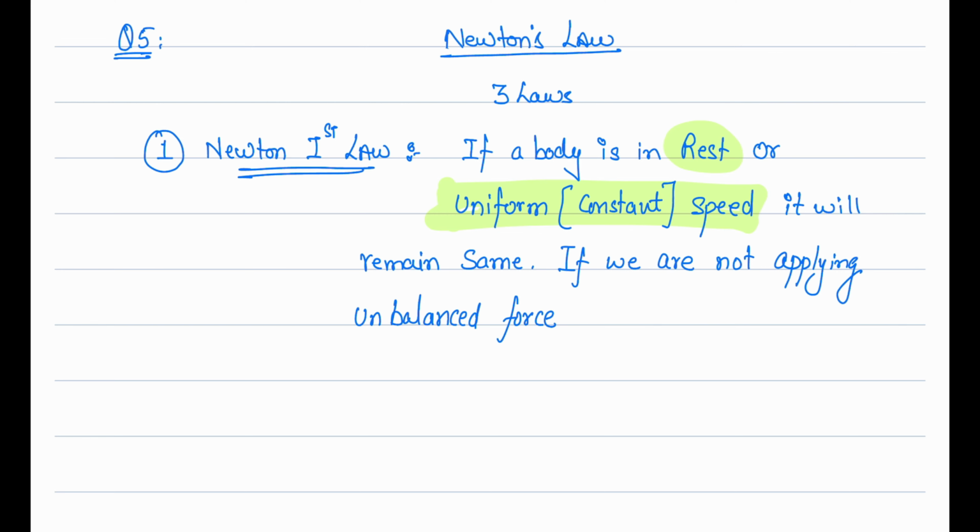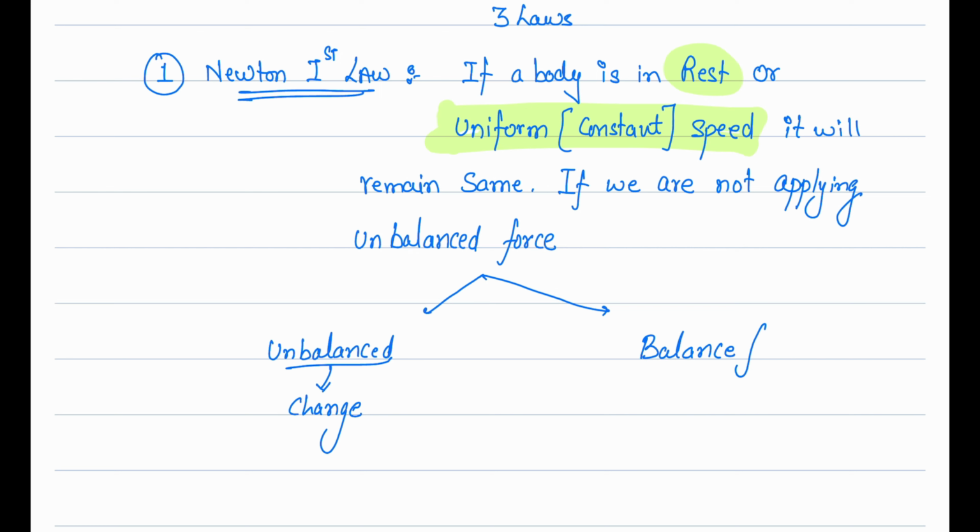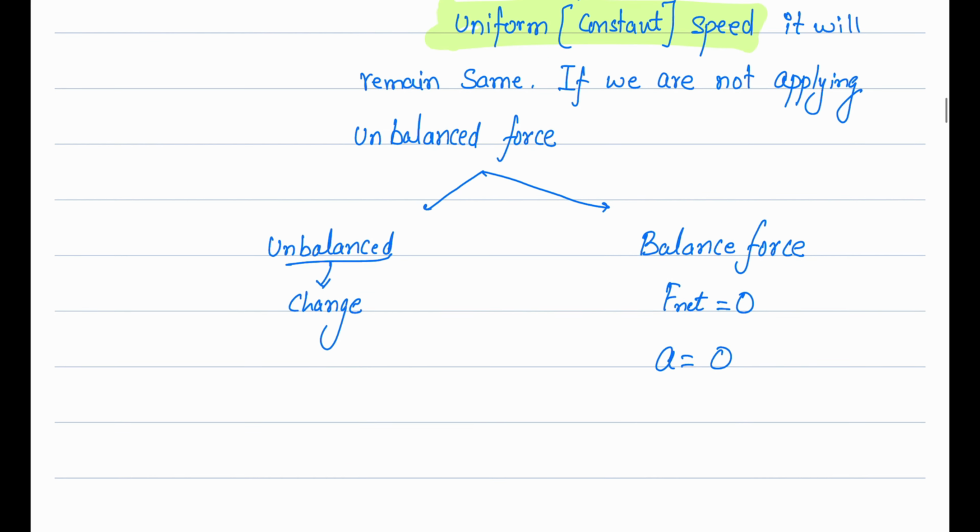If you apply, let's say, 2 cases: unbalanced, the answer is change. If you apply balanced force, it means F net equals 0, acceleration equals 0. So what is the state?